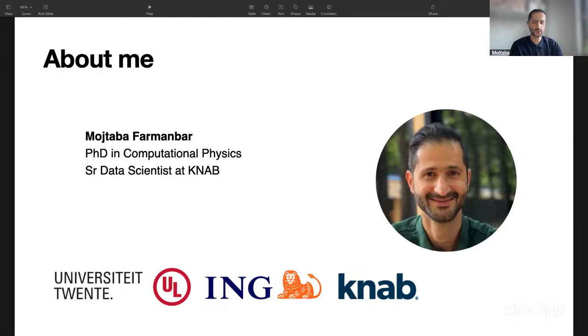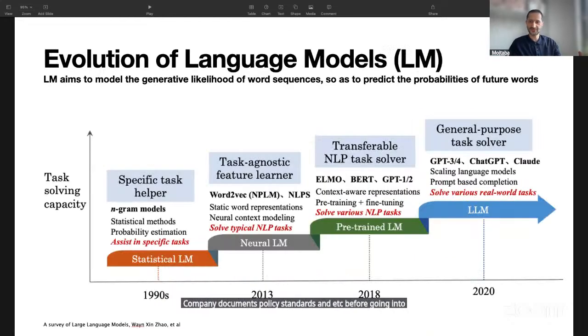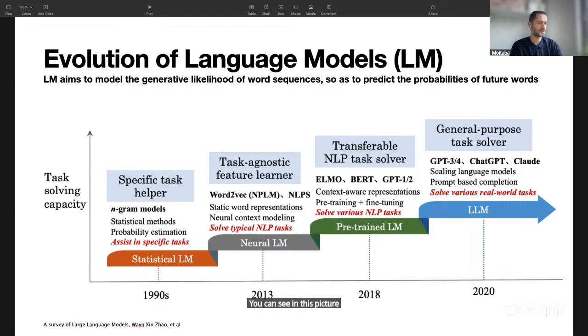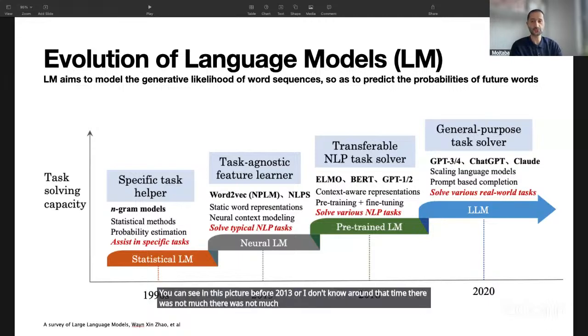Before going into a lot of the details, I would like to start from how everything evolved. I would call it the evolution of large language models. You can see in this picture, before 2013 or around that time, there was not much improvement or big improvement when it comes to unstructured data, and it was mainly on tabular data.